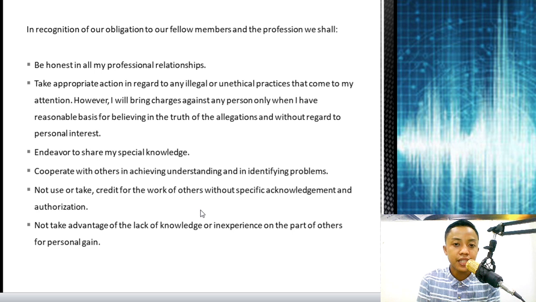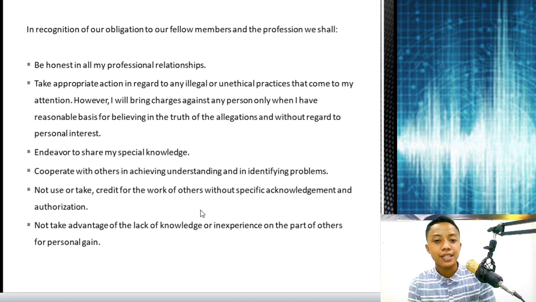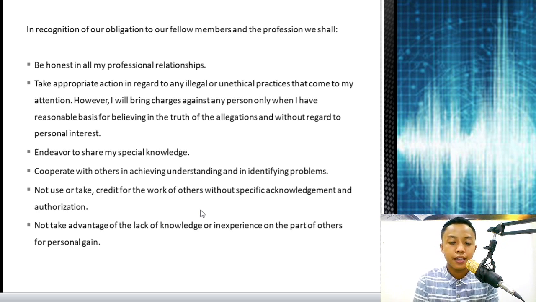However, I will bring charges against any person only when I have reasonable basis for believing in the truth of the allegations and without regard to personal interest, and endeavor to share my special knowledge, cooperate with others in achieving understanding and identifying problems, not use or take credit for the work of others without specific acknowledgement and authorization, not take advantage of the lack of knowledge or inexperience on the part of other personal gain.